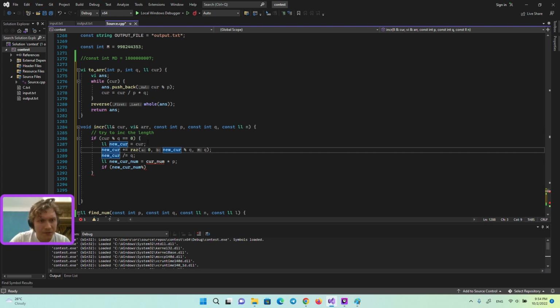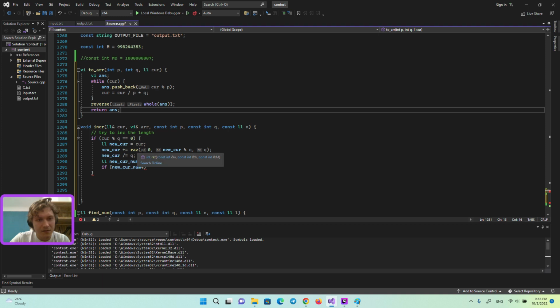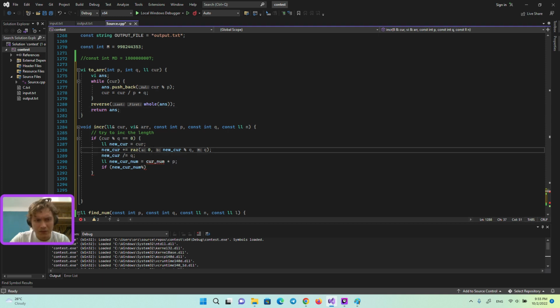Okay, what do I do? So new car equals car. New car plus equals ras. No, I don't do it.